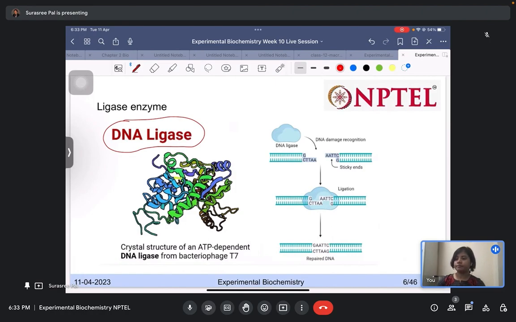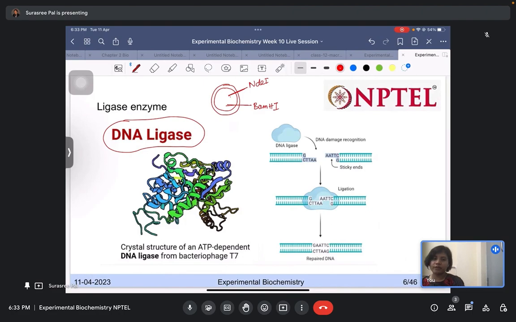So, for example, suppose this is our plasmid, a double-stranded circular molecule. This plasmid is digested with two enzymes, NdeI and BamHI, and their restriction sites are placed like this, here and here.